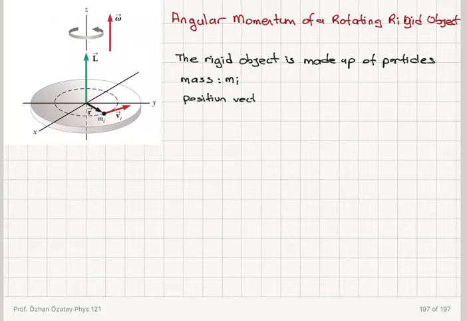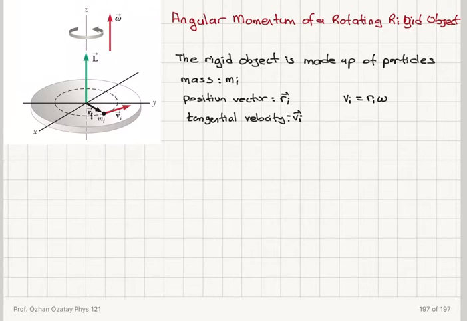The mass of each particle is m sub i. The position vector is r sub i. So this particle is at a distance r sub i from the origin, and it has mass m sub i and tangential velocity v sub i.